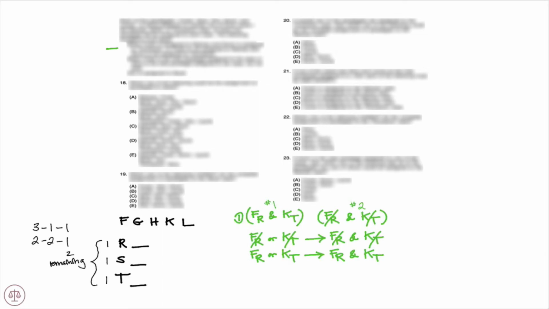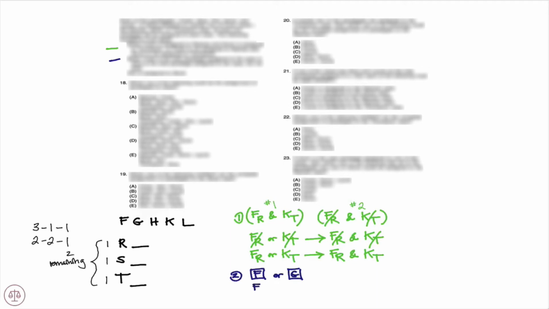Turning our attention now to rule number 2. Either Frank is the sole paralegal assigned to his case, or Gina is the sole paralegal assigned to her case, but not both. All right, so again, let's take a look here. Either Frank is the sole or Gina is the sole. So again, our variables here are Frank being alone or Gina being alone. And again, we know for either or, we pick 1, negate it.